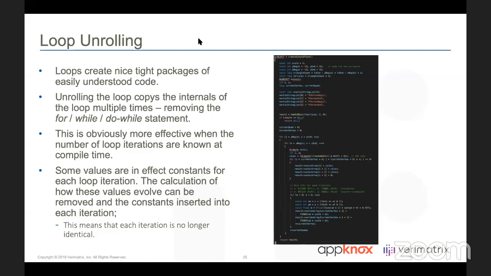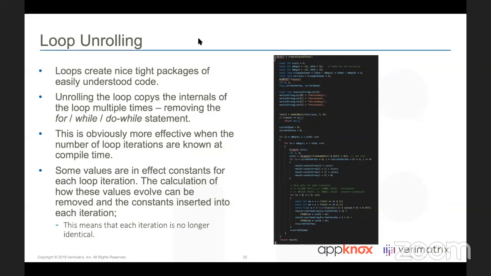When you unroll a loop, in effect, what you do is you take the internals of the loop, so the code block that sits between the two braces, and you take those internals, and then you just copy them for every time the loop would iterate. So you remove the for, while, or the do statement, and you just make the code multiple copies.